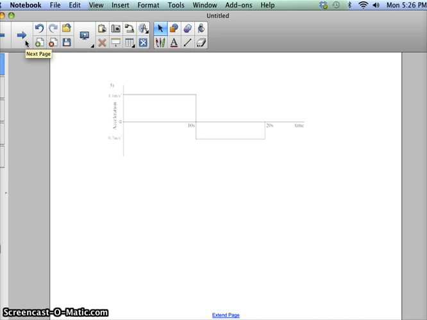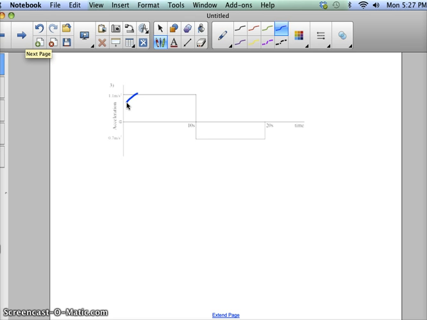Now we have an acceleration time graph. That's interesting. It's pretty cool. This first area, this area here, since it's an acceleration time graph, the area under an acceleration graph is going to be our change in velocity.